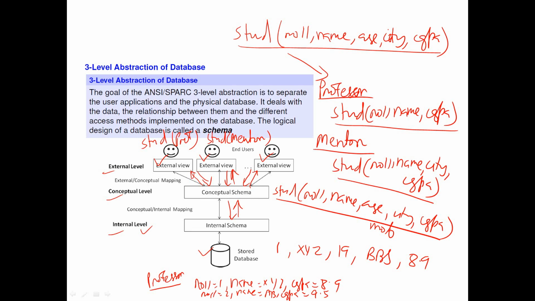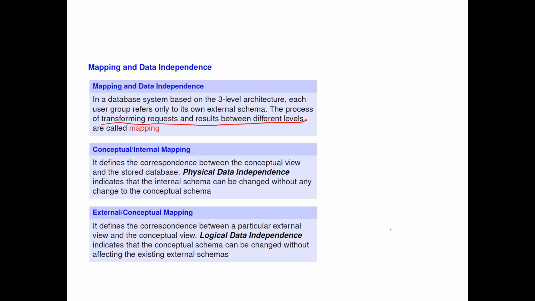So if we modify the structure of the student, it doesn't matter to them. That means we can easily modify our conceptual schema without affecting the external views. We can do it independently. That's why this is called conceptual data independence or logical data independence.